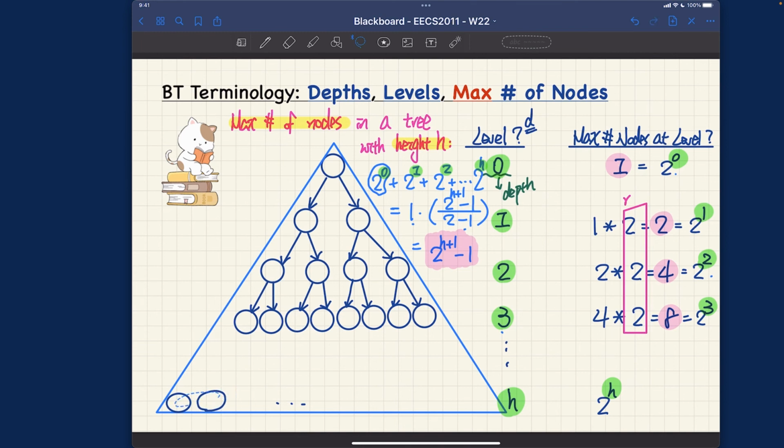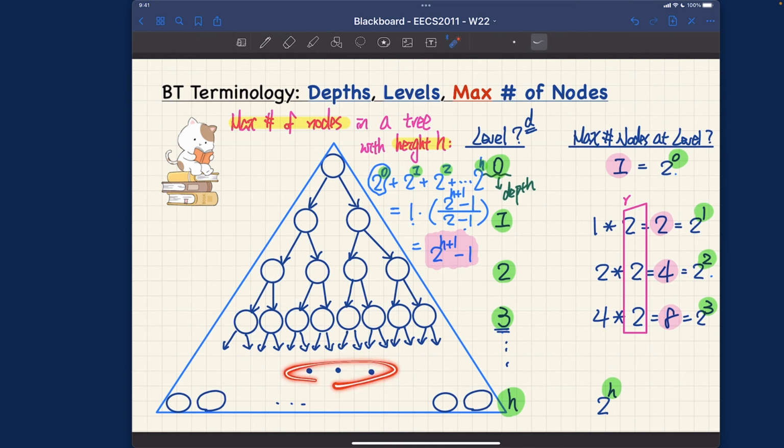And over here, we can have completely filled out all the nodes at this bottom level. So what you've got to imagine is, starting from level 3 over here, if we want to go to level 4, we make sure every node has exactly 2 child nodes, right? That's something you want to imagine. I'm not going to draw the circles over here, but I'm going to put dots. We're going to continue with this particular pattern for all the remaining levels from level 4 to level h minus 1.